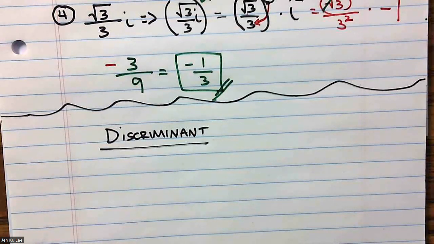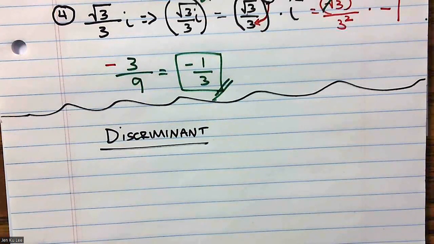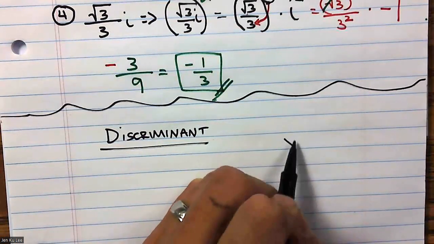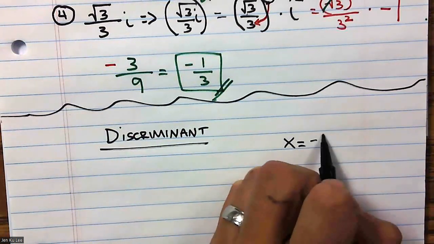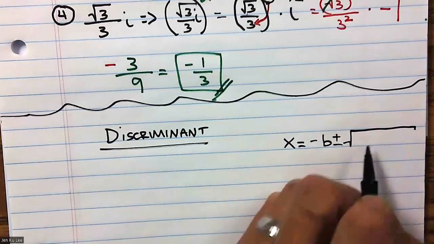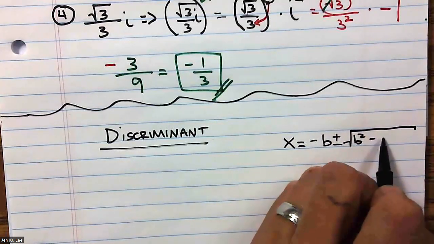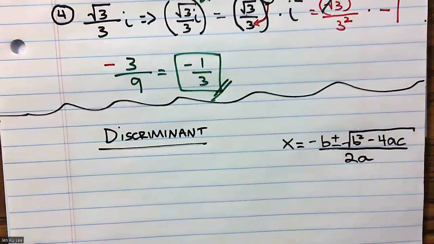No one? Clue number 2. It's a part of my quadratic formula. What is the quadratic formula? x equals negative b plus or minus square root of b squared minus 4ac, all over 2a, right?